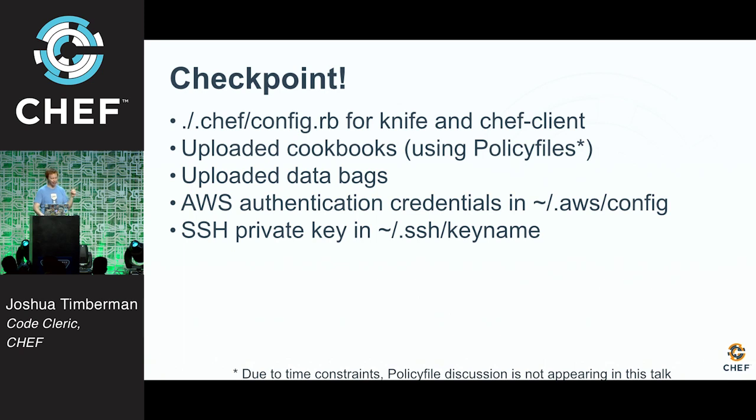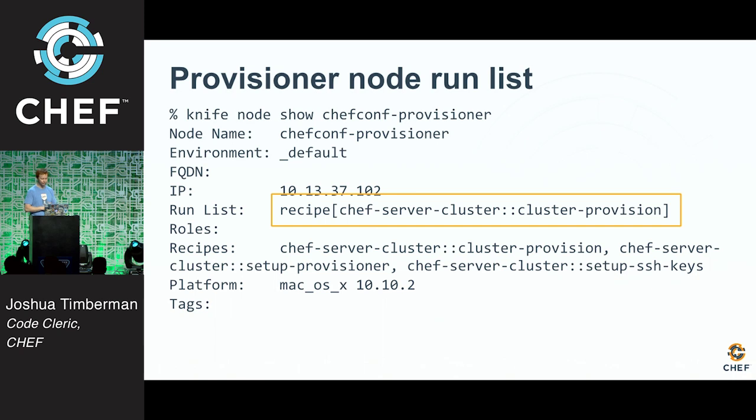And I've uploaded my data bags that I'm going to talk about here. And then I've got my AWS authentication credentials in the AWS config, and then I will have my SSH private key in my SSH directory. And that could already exist, or it could come from the data bag. Since it's using a Chef recipe to write that out, then of course it's convergent, and it wouldn't override it if it already existed and had the right content.